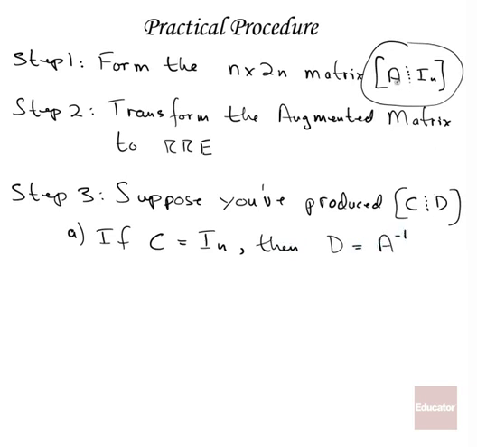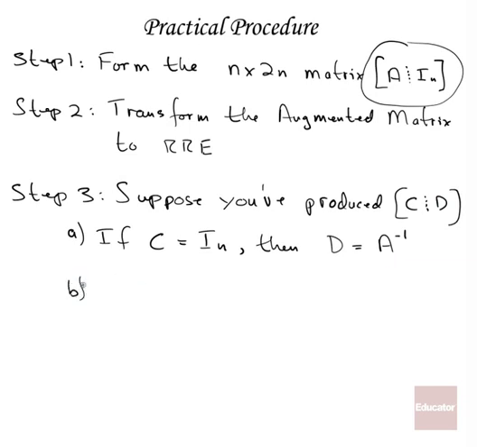So really all we've done is take the original matrix, put the identity matrix next to it, and then do a reduced row echelon form. If the inverse actually exists, A becomes the identity matrix, and the identity matrix becomes the inverse.